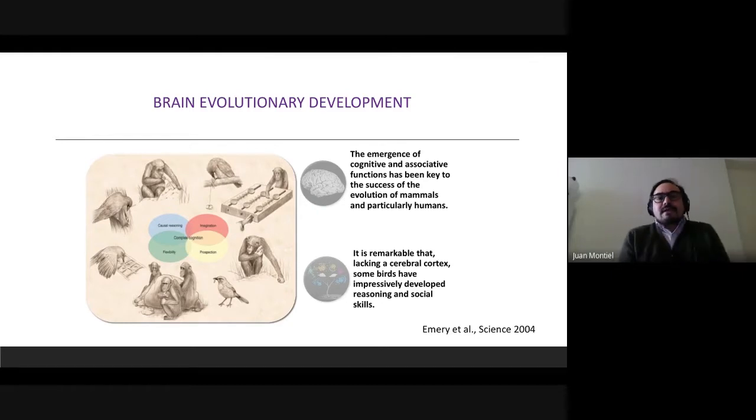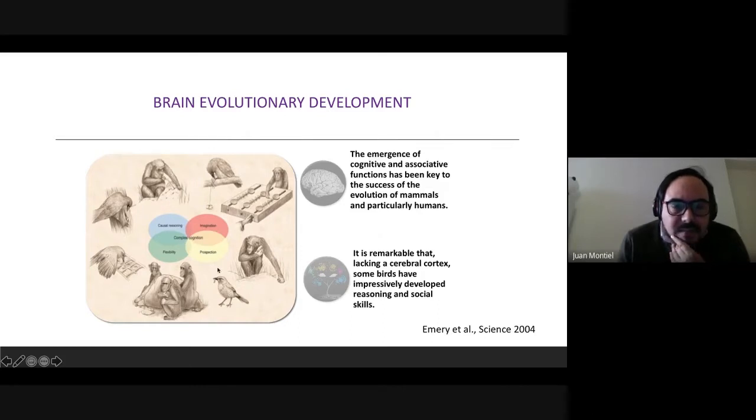We have an observation. The merging of cognitive and associative functions has been key to the success of the evolution of mammals, and in particular in humans. So it is remarkable that, lacking a cerebral cortex, some birds have impressively developed reasoning and social skills.